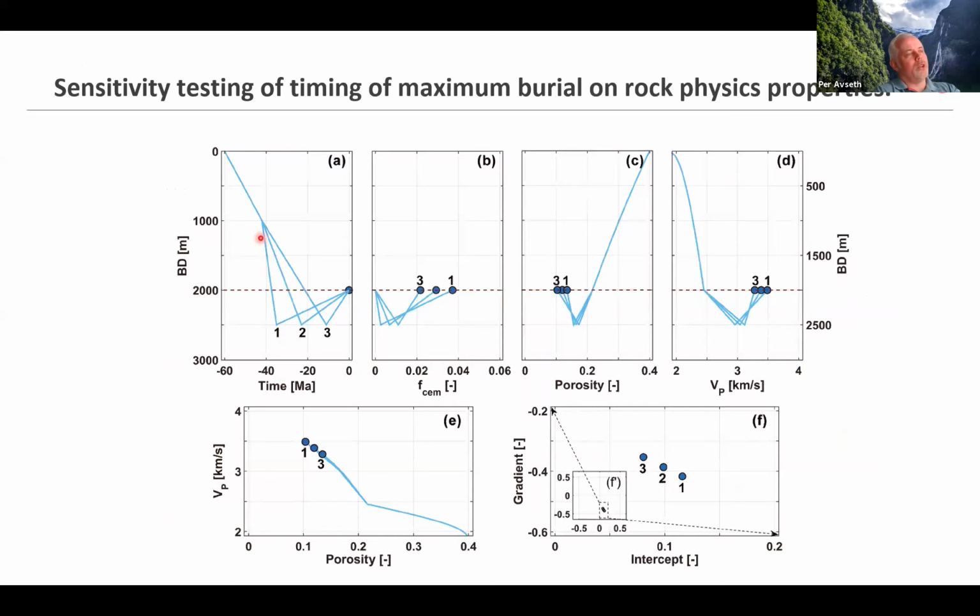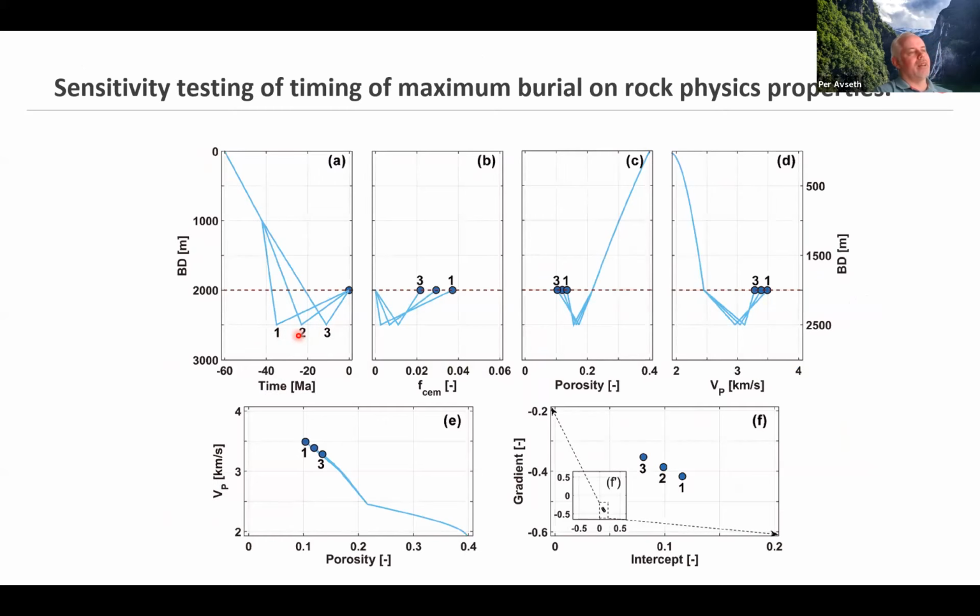So when we do this modeling, here's an example of this combined burial and rock physics modeling. What I do here is just a sensitivity test of the timing, because very often we're also uncertain about when it was really buried at its maximum.